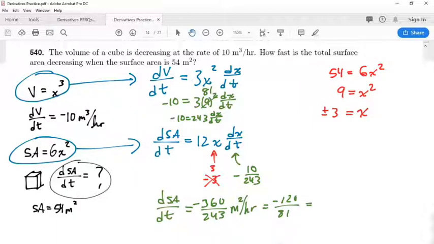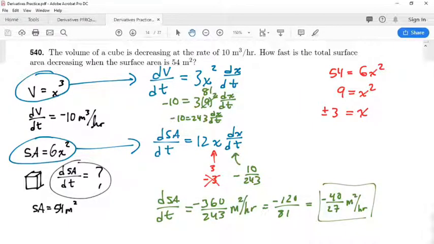Yes, I can. So I get negative 40 over 27. And then I believe we are finished simplifying. So meters squared per hour. On the calculus AP exam, any one of these answers would work, just as long as you have the correct units on them as well.